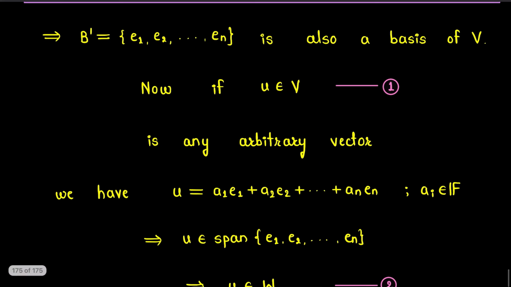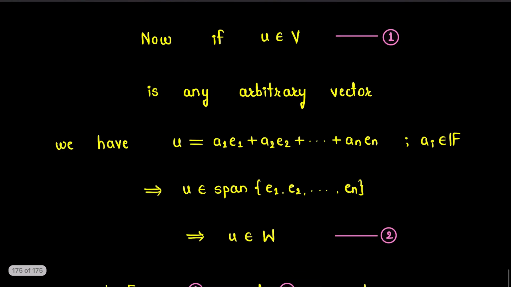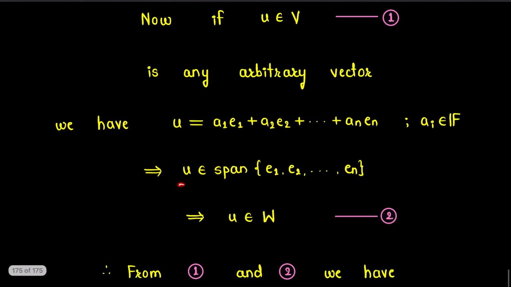Now since B dash is a basis of subspace W, and u belongs to span of these vectors e1, e2 up to so on en, therefore u will be a vector in subspace W.